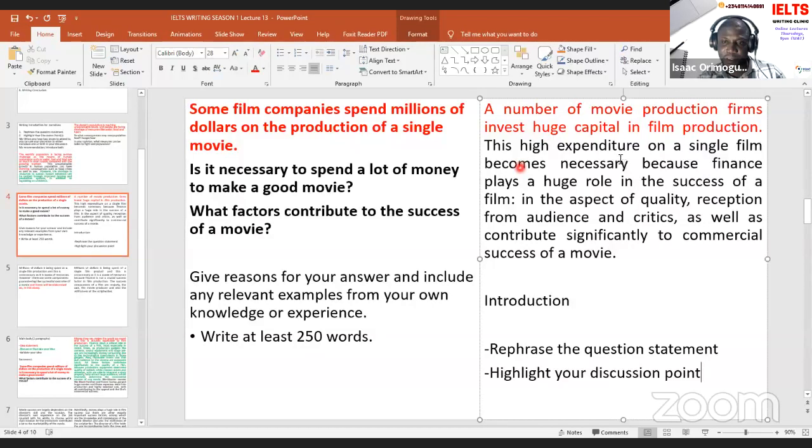This high expenditure on a single film becomes necessary because finance plays a huge role in the success of a film, in the aspect of quality reception from the audience and critics, as well as contributing significantly to the commercial success of a movie. You can see those are my discussion points, and I highlighted them in my introduction.